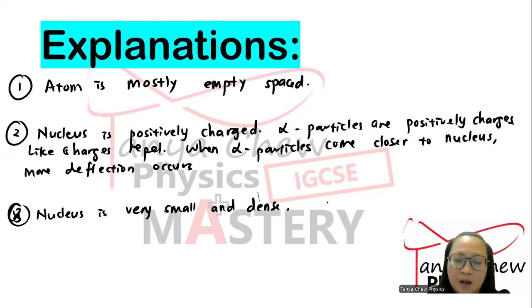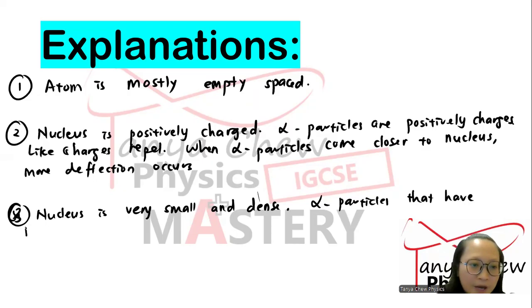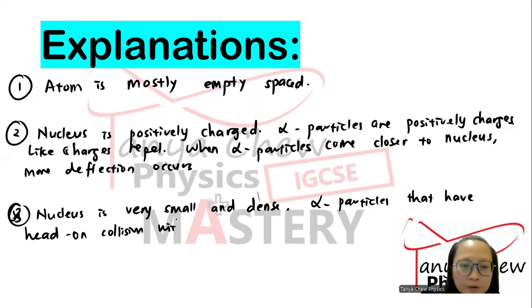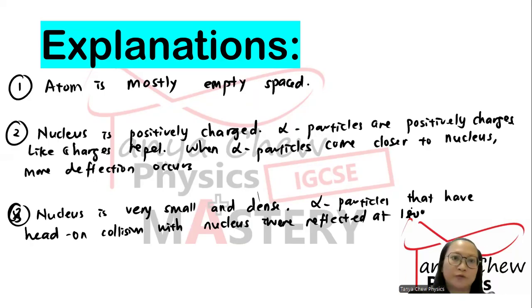Alpha particles that have head-on collision with the nucleus were reflected at 180 degrees, going back to their original path.